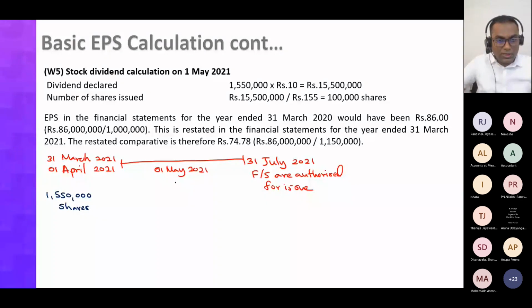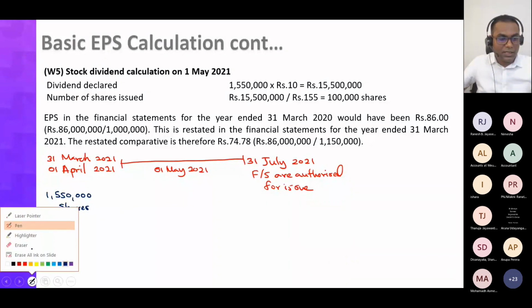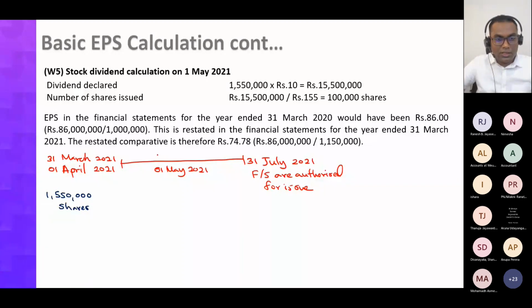On 1st May 2021, as mentioned, we have a stock dividend. How do we calculate how many shares are to be issued? 1,550,000 shares are outstanding, at 10 rupees per share.